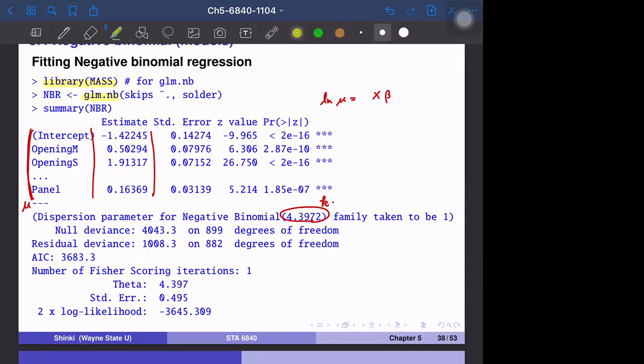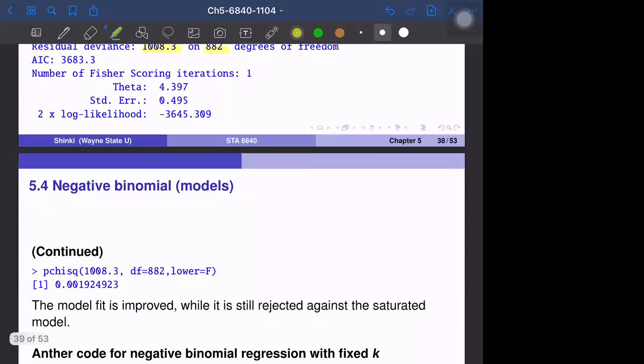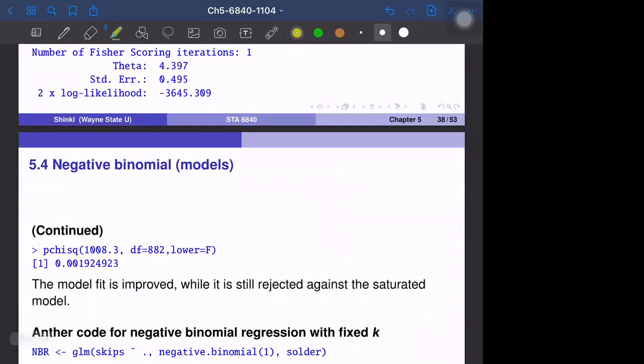The residual deviance is 1008. In the previous slide it was 1829, so it gets 800 smaller on 882 degrees of freedom. Still, 1008 is larger than 882, and it turns out that the model is still rejected against the saturated model.